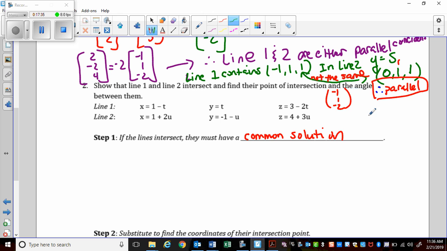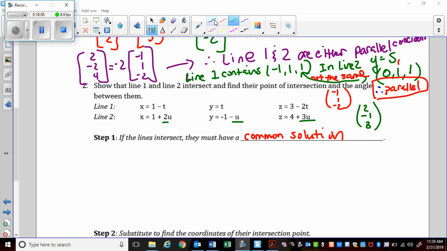Line 2's directional vector is 2, -1, and 3. They are not multiples of one another. If I multiply -1 times -2 to get 2, 1 times -2 will not give me -1. So they're not multiples of one another, so they are not going to be parallel or coincident.